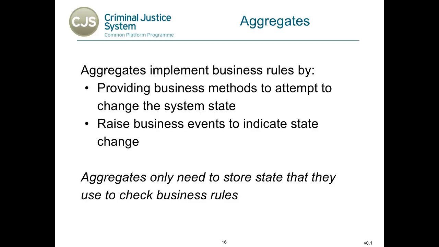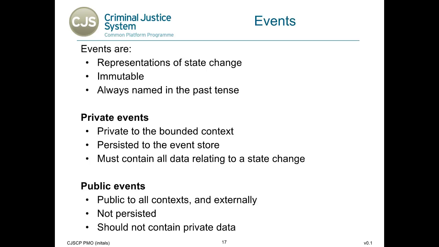And that again is because we are trying to keep the aggregate and its events as a separate representation of the domain model. Therefore, it shouldn't know anything about how to raise events on topics or queues or anything like that, or how to persist them. It purely knows how to raise events and say, hey, these are the events that happened now that my state has changed.